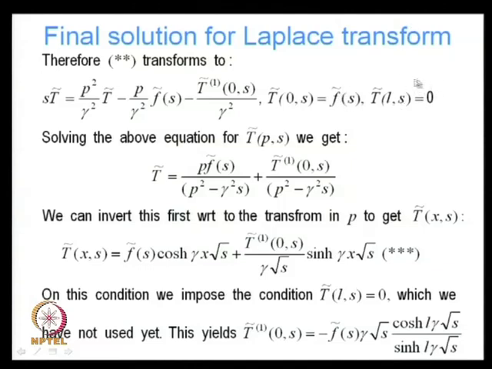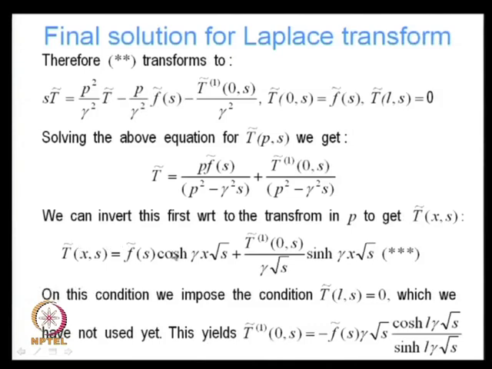Using that I find out this value T tilde x at 0 s, and that value comes out to be something like this. So, now I know my T tilde x s totally, right. I know this value also, which I have evaluated by imposing the transform of the spatial boundary condition at end L, and so now I know my T tilde entirely.